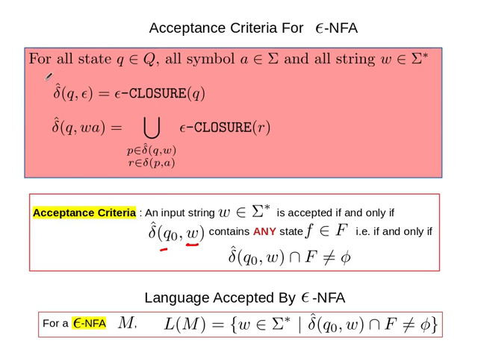So this is the formal definition of delta hat, right? This is the formal definition, and we are defining it in terms of delta, right? So if we know what delta is, if we know what epsilon closure is, then this is the definition.